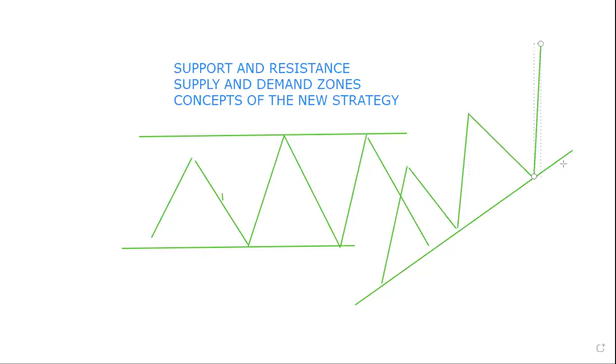So these are dynamic supports. They are not stable. They are not in one straight line like this one. So price will just get to this point, hit it and go up, get to this point and hit it and continue up too.